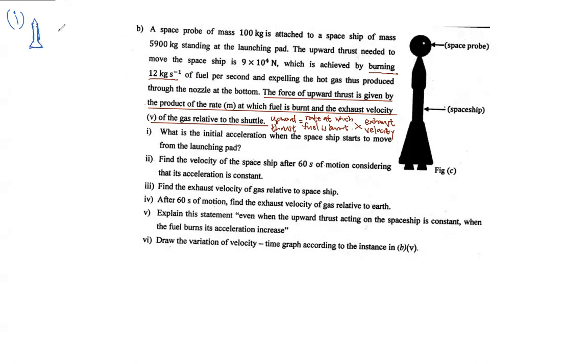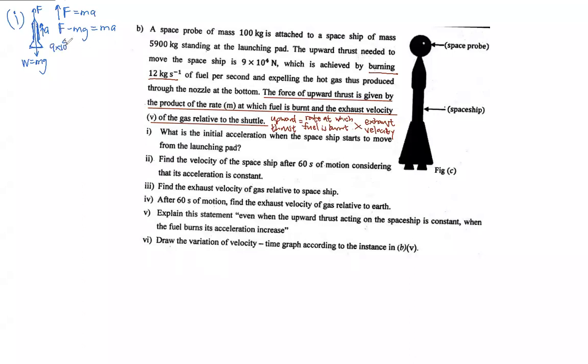A space probe of 100 kilogram mass is attached to a spaceship of 5,900 kilograms. So there will be a weight, W equal to mg, and an upward force F, and the acceleration they are asking us to find, a. Then you can apply upwards F = ma, so F minus mg equals ma. Upward force is 9 × 10^4 minus mg.